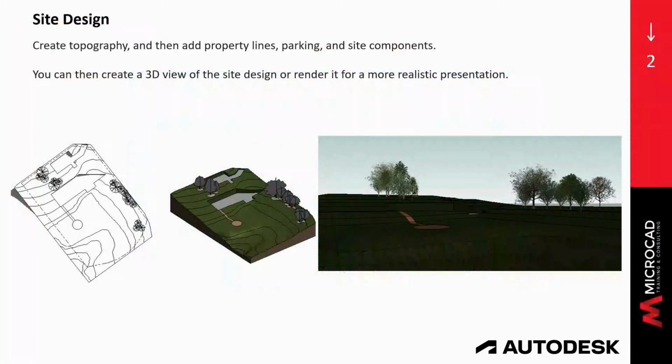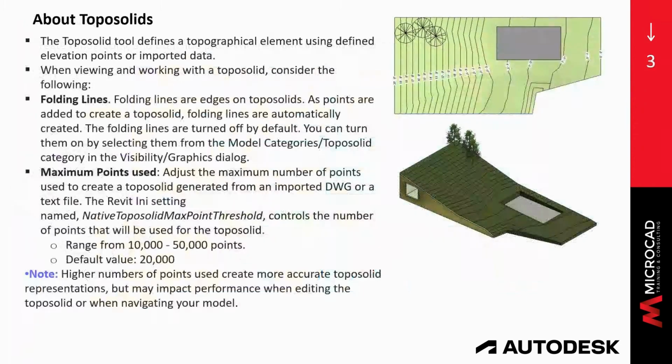So first of all, you can add to a Toposolid property lines, parking and site components. So basically, it's a tool that is designed for site design. I hope you were all aware of that.